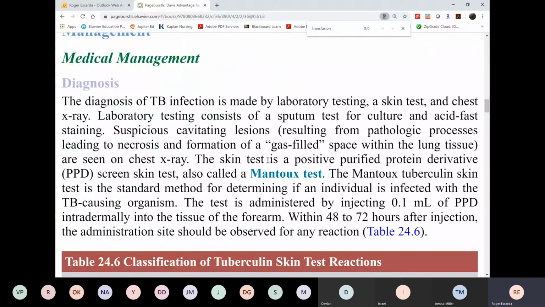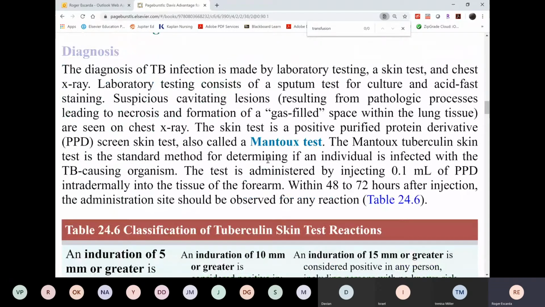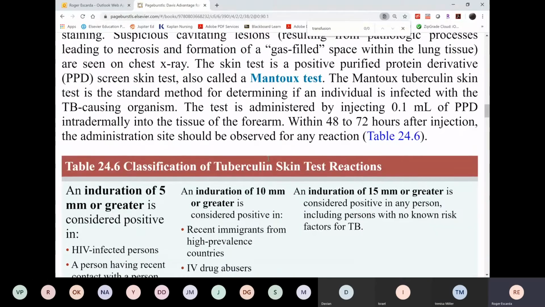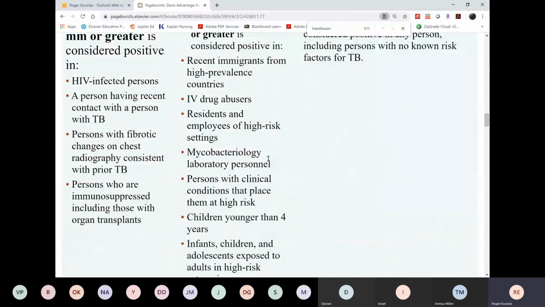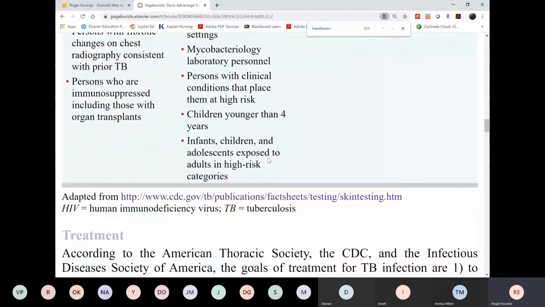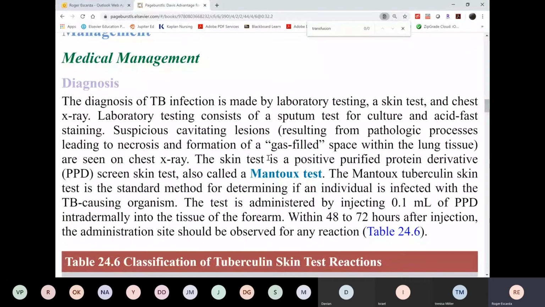Diagnostic testing. We have several. You're aware of the PPD and Quantiferon because you also went through this, right? It's a requirement. PPD is still widely known.